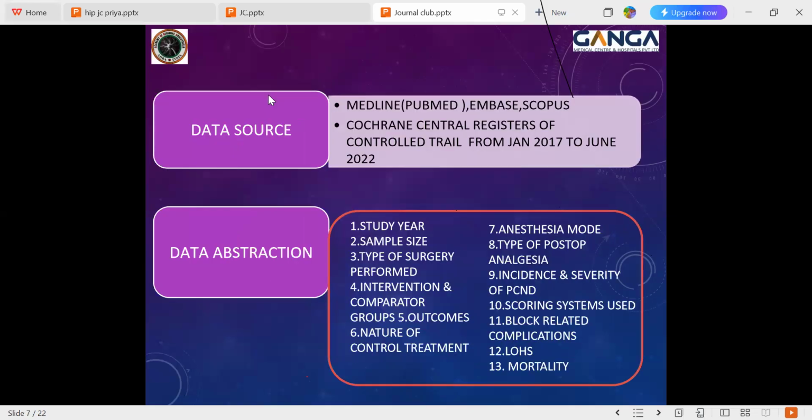The data sources were Embase, Scopus, and the Cochrane Central Register of Controlled Trials from January 2017 to 2022. The data taken were the study year, sample size, type of surgery performed, interventions, outcomes, anesthesia mode, type of post-op analgesia given, incidence and severity, scoring systems used, block-related complications, length of hospital stay, and mortality.